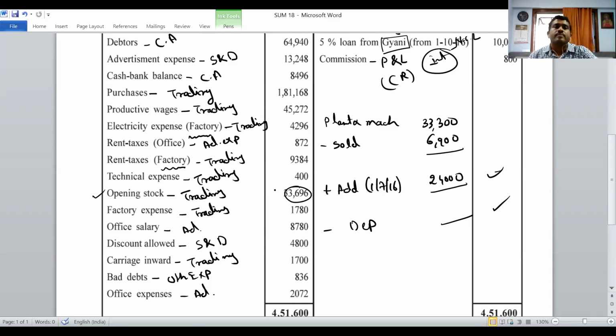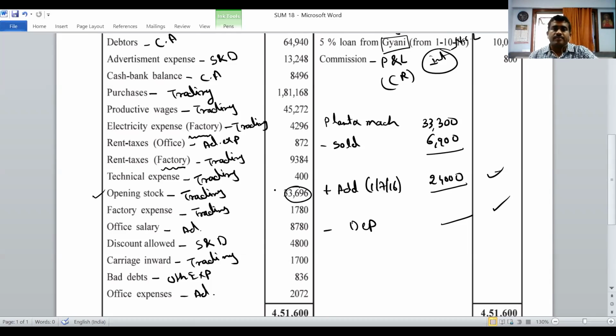Electricity expense, that is also trading, 4296. Rent and taxes, it's administrative, 872. Rent and taxes of factory, go to trading, 9384. Technical expenses related to factory, trading, 400.